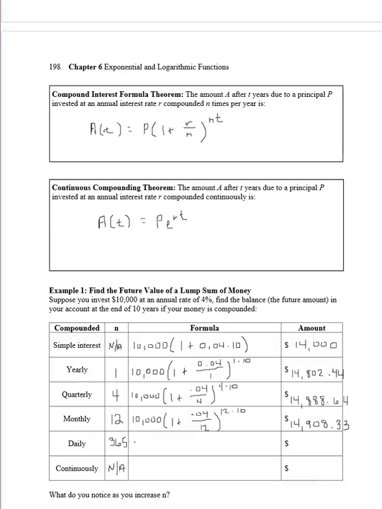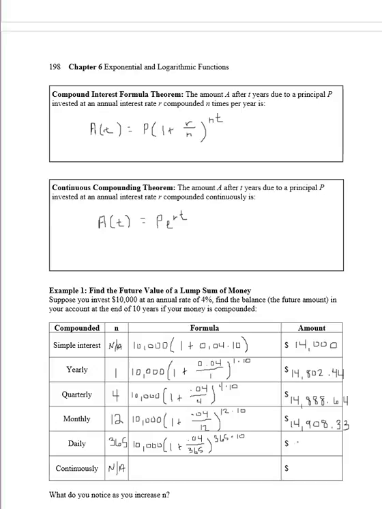Okay, if it's compounded daily, we have 10,000 times 1 plus 0.04 over 365 raised to the 365 times 10th power.